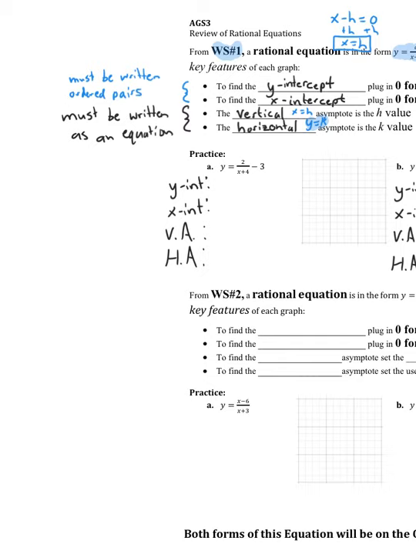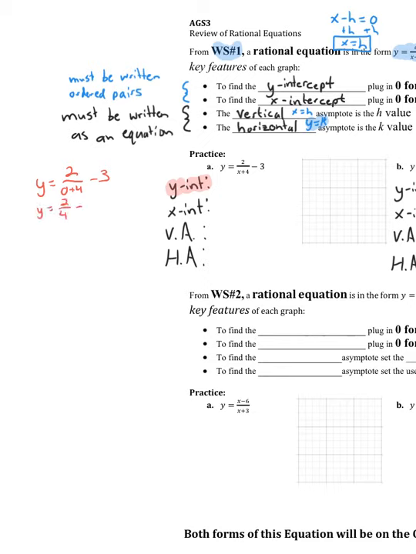So problem A, to find the y-intercept, plug in 0 for x. So y-intercept we'll do in red. Y equals 2 over 0 plus 4 minus 3.